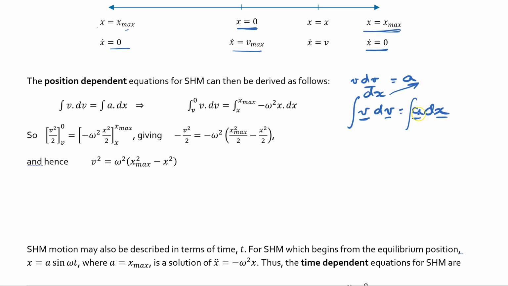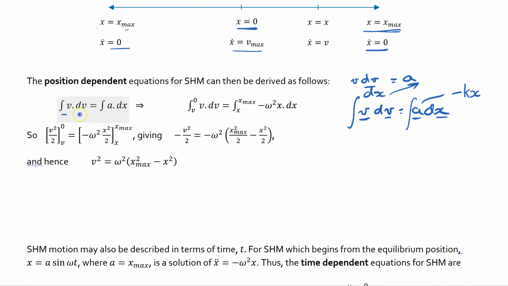So to do this, I need a as a function of x. And that is my definition in simple harmonic motion, that a is actually negative k times x, or use k as omega squared.